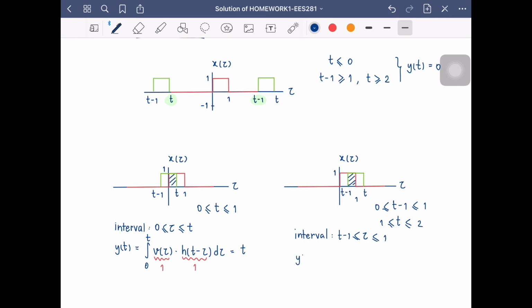Now y(t) will equal the integral from t minus 1 to 1 of v(tau) h of t minus tau d tau, and it will result in minus t plus 2.